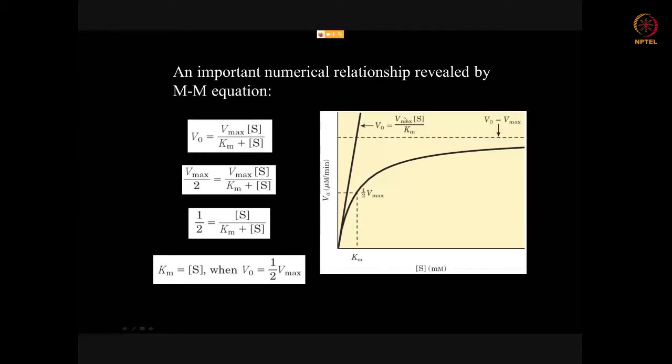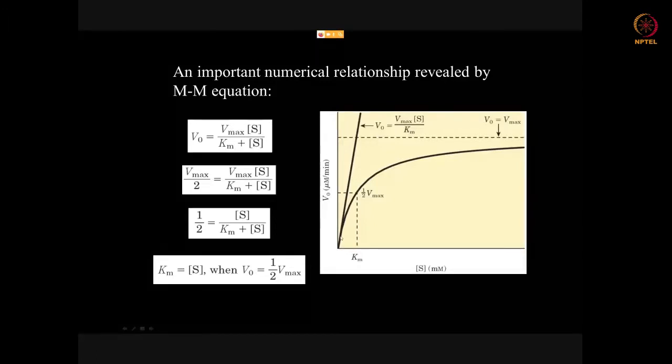That means velocity is going to vary linearly with respect to substrate. As substrate increases, V0 increases. So you see a linear relationship in this region of this graph. Okay, and this is extrapolation, but we need not worry about the extrapolation. For us, in this low substrate concentration, yes, it does increase linearly, and that is what this equation tells us.